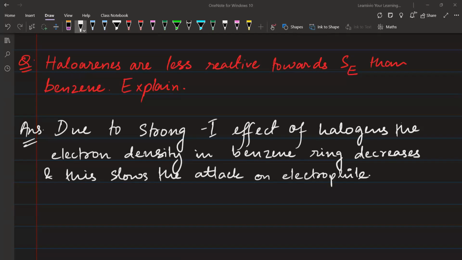So because the benzene ring is attached with a halogen atom and has a very high negative I effect, the electron density will decrease, and if the electron density decreases, obviously an electrophile cannot attack very quickly.